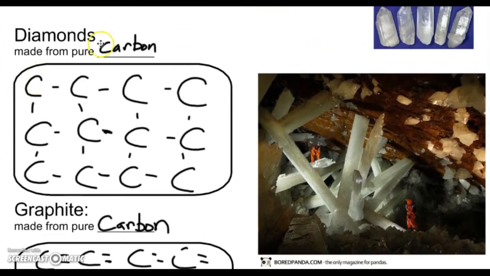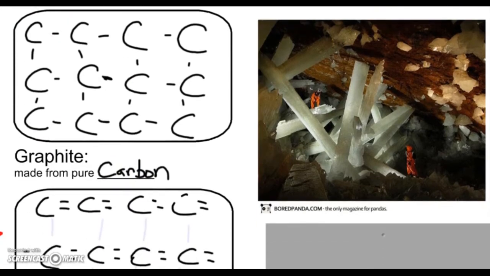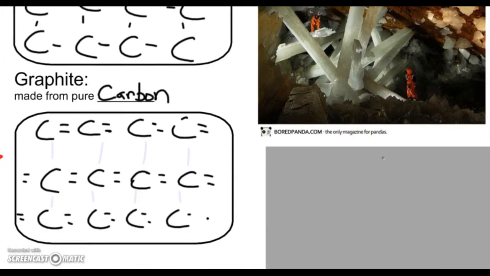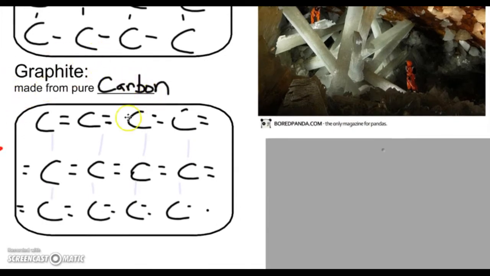The exact same thing, carbon makes up both of them, but just the way that the bonds between those carbon atoms line up makes something that's very, very hard and rare and expensive and awesome, like diamonds, and something rather common like graphite. So if you're using a pencil right now, what you're doing is you're breaking off sheets of this graphite and shoving little shards of graphite into your paper like splinters, basically.